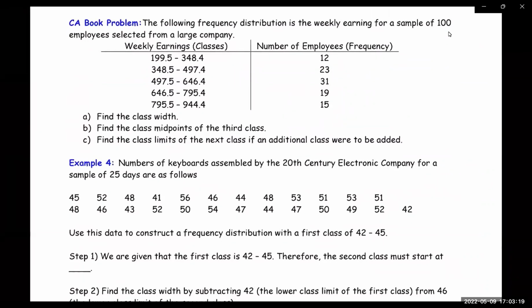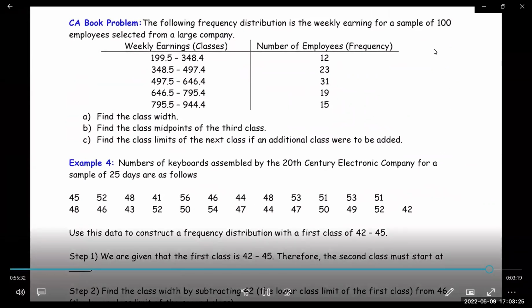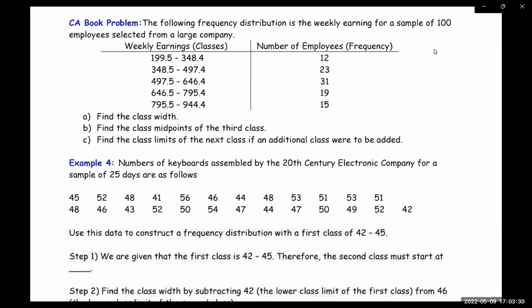The following frequency distribution is a weekly earning for a sample of 100 employees selected from a large company. So let's find the class width. So you guys remember how to do that? Class width. We subtract, right?